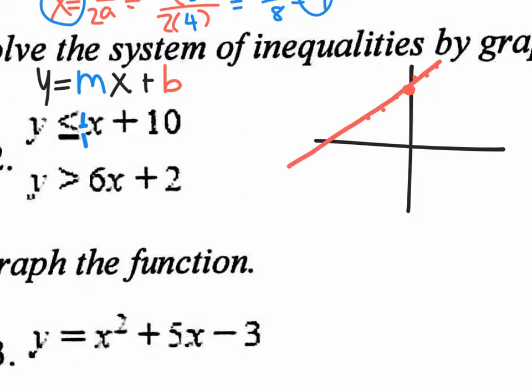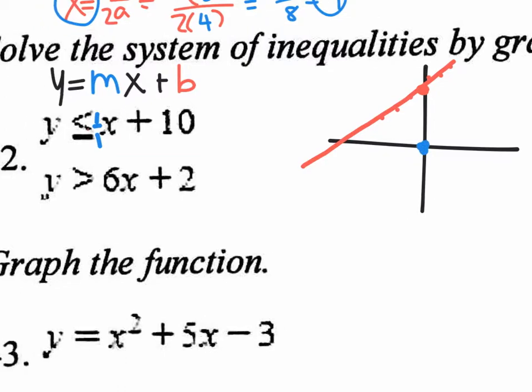You guys cool? All right, now we also need to shade in because it's an inequality, which means that our answers are going to be in a certain area. They're either going to be up here above the line or down here below the line. So the easiest thing to do is to test a point. The easiest point to test is 0, 0.